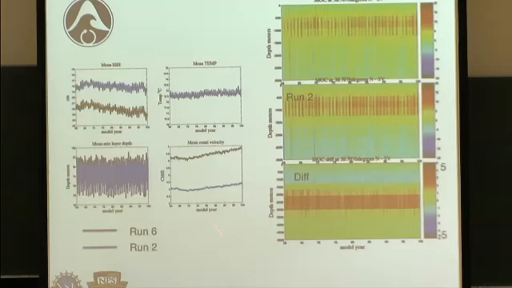So these are 2 runs just to give an example of how the runs are differing in the initial experiment. This is sea surface height, and then there's a difference of a couple centimeters between these 2 runs. This is surface temperature, the mixed layer depth, and then the velocity.